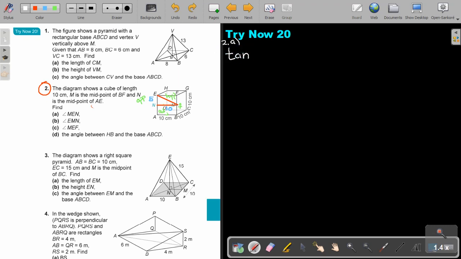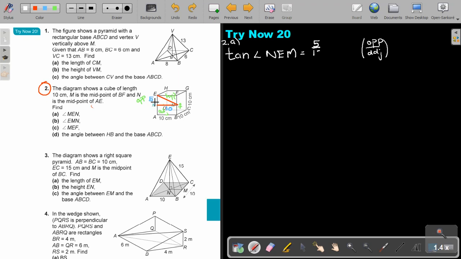Tan of angle NEM equals, and that's opposite over adjacent. So the opposite is going to be 5, and the adjacent is going to be, let's just see, what angle? MEN.